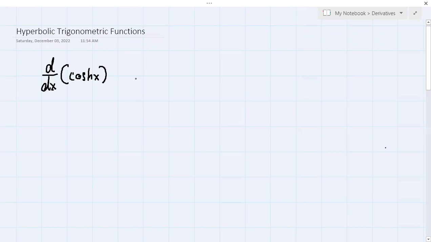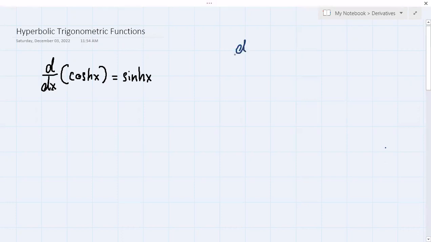Dito naman, on the other hand, it's positive sine hx. So yeah, similar, sine pa rin, pero negative, positive nga lang siya. So therefore, the derivative of cosine hx is sine hx. No changes.